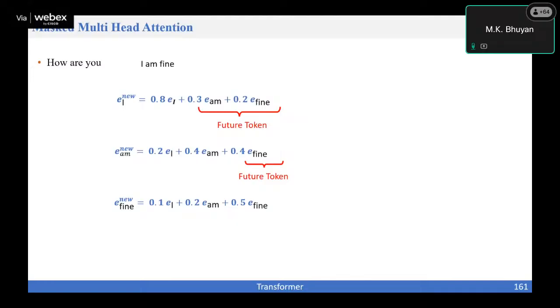I know I, because I is already predicted. So am we can predict based on I and also the other information. But fine is not available, that is the future, so we should not consider this. And whenever we do the prediction for fine, then we may consider the word I, we may consider the word am. So during this causal process, we should not consider the future tokens during the prediction.